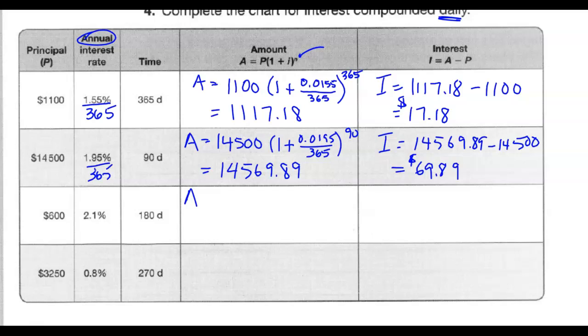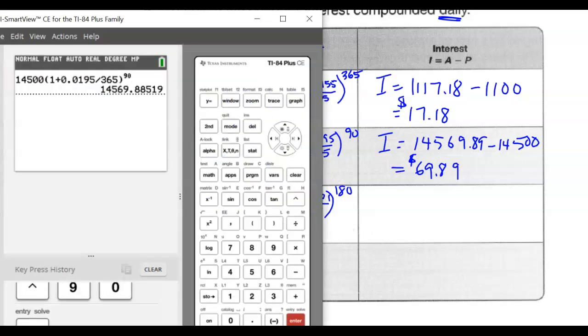Next one, only 600. 1 plus higher interest rate, 0.021 over 365, and then raised to the 180. Almost half a year.